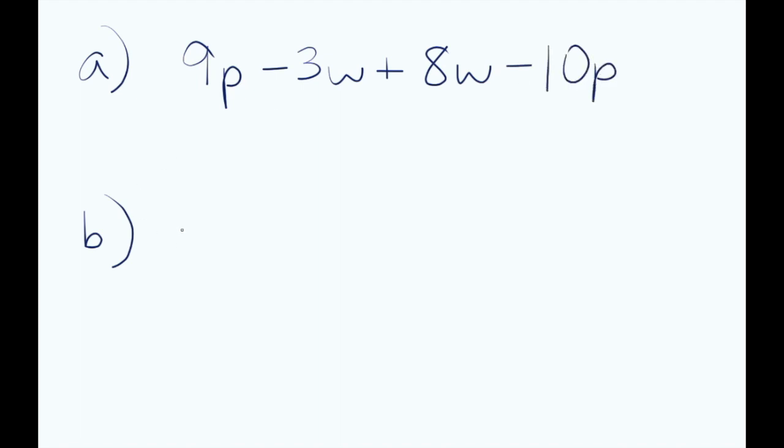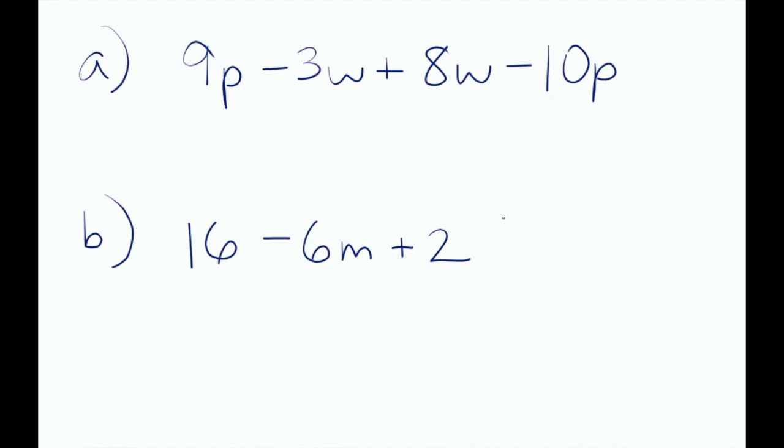And down here, I'm going to have 16 minus 6m plus 2. So go ahead, pause the video right here. I want you to give these a try on your own.